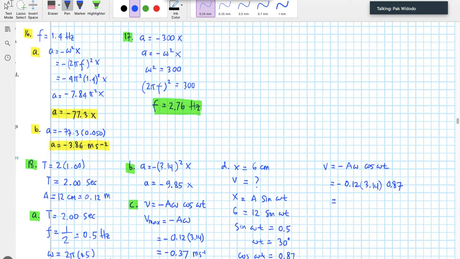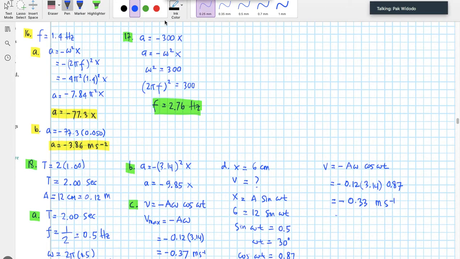So v equals 0.12 times 3.14 times 0.87, which is 0.32633, about 0.326 in meters per second. Okay, done. This is for number 18.